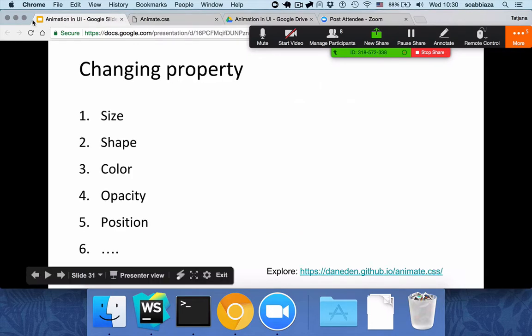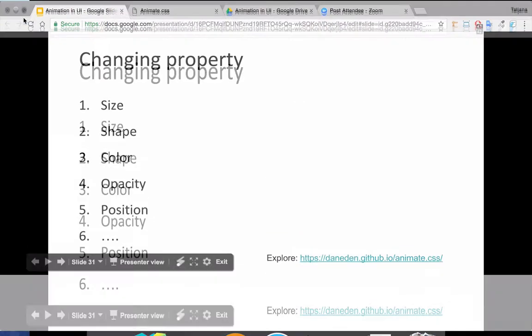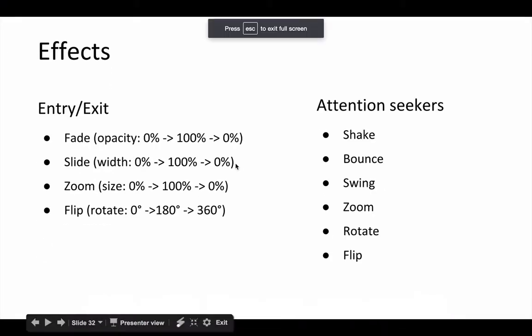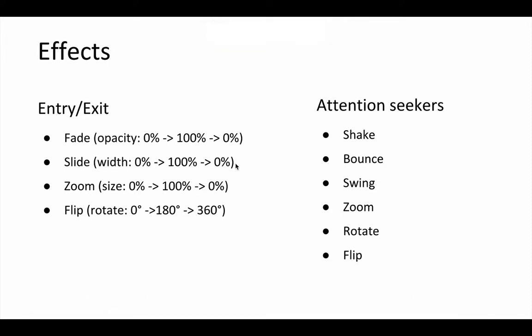Okay, so let's come back to the presentation. Yeah, so like effects, right? We saw just a couple of them now, and I think we can separate them into categories. So first is the entry-exit effect, and the second is attention seekers. Entry-exit is what we can apply to an element that appears from nothing or disappears to nothing. Like for example, the fade effect, right?